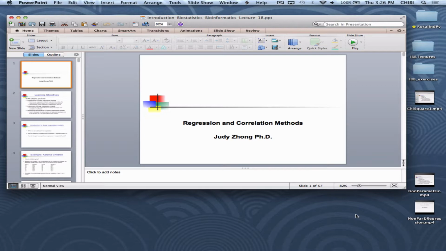For regression, we learned how to estimate the parameters, and then to do inference on regression, it's a t-test of beta 1. That stands for whether there's a linear relationship between X and Y.